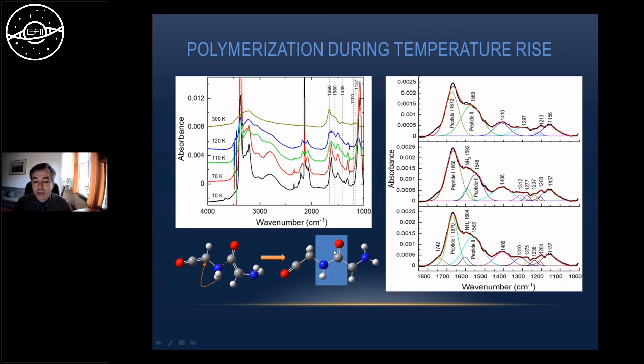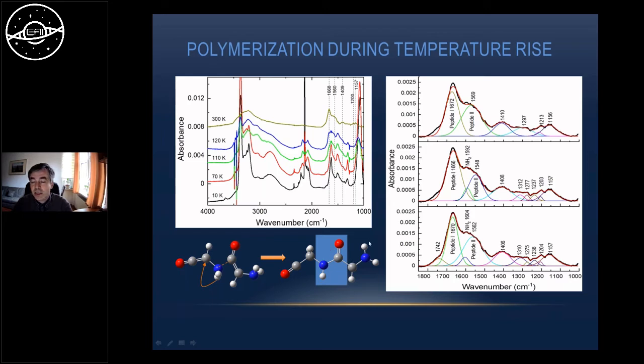As the peptide bond is not present in the aminoketene molecules, we can conclude that infrared spectroscopy tells us that with increasing temperature, aminoketene polymerizes, forming at least dimers.